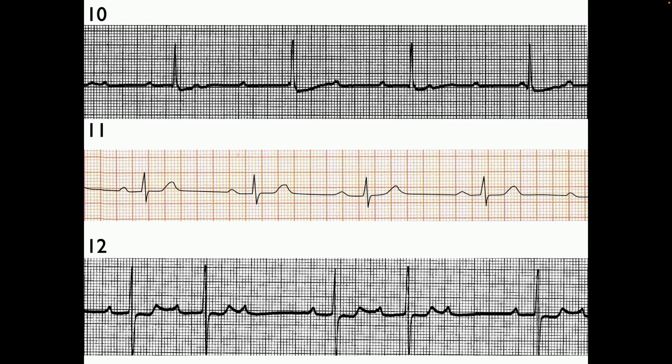Again, with a third degree AV block, by the way, did the Ps march out evenly? No, I guess not. Actually, they do. Oh, they do? Yeah, okay. So the Ps march out evenly, but as you point out, the QRS complexes, the R-to-R intervals, do not march out evenly. So at that point, it can't be third degree, whatever else is happening there, okay?